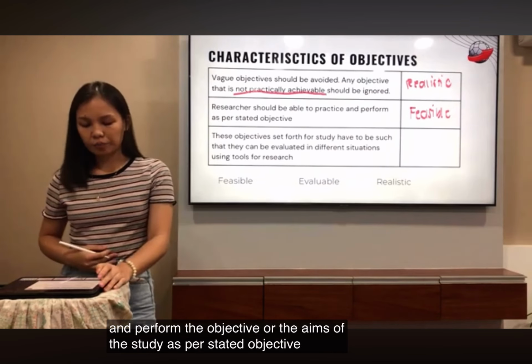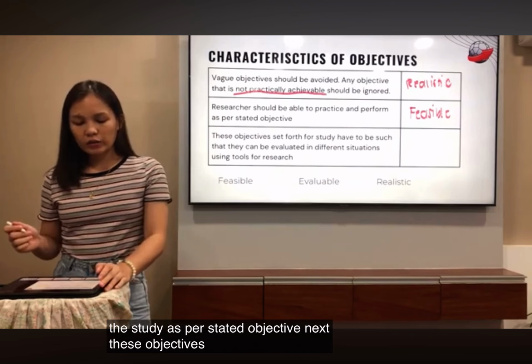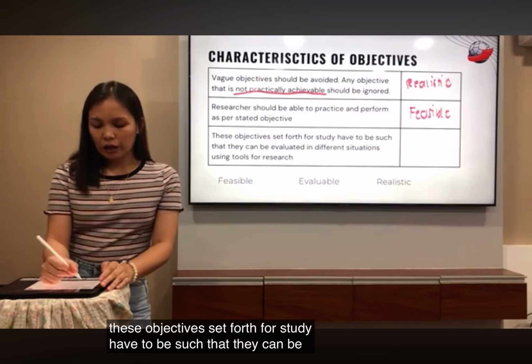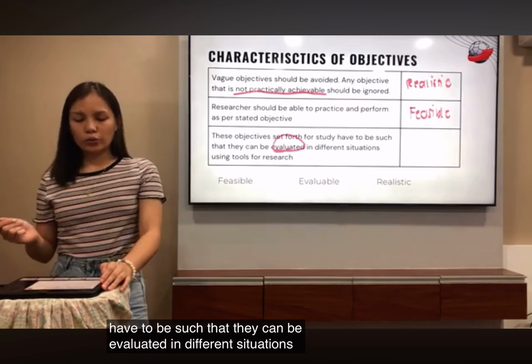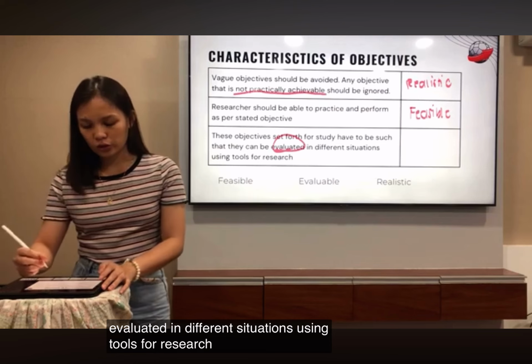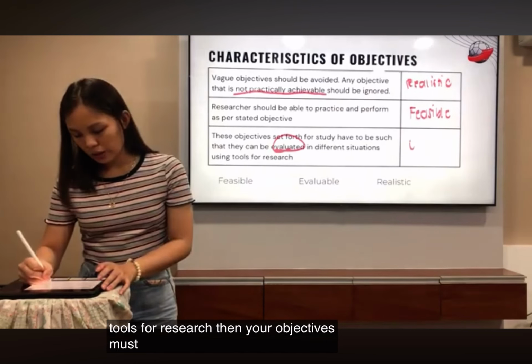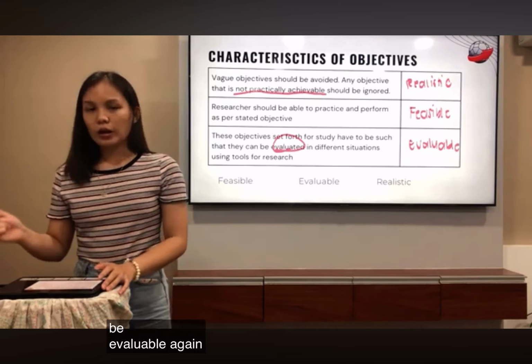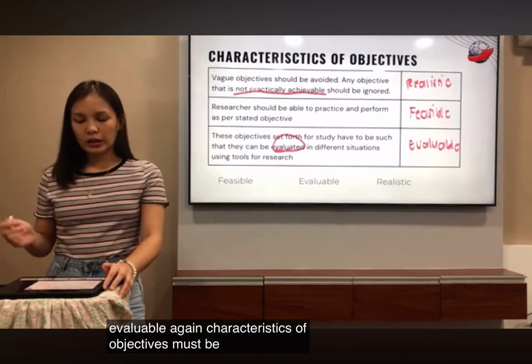Next, these objectives set forth for study have to be such that they can be evaluated in different situations using tools for research. Then your objectives must be evaluable. Again, characteristics of objectives: they must be realistic.